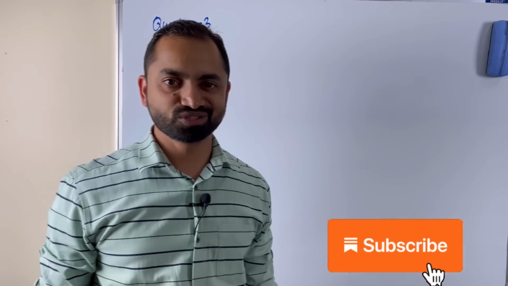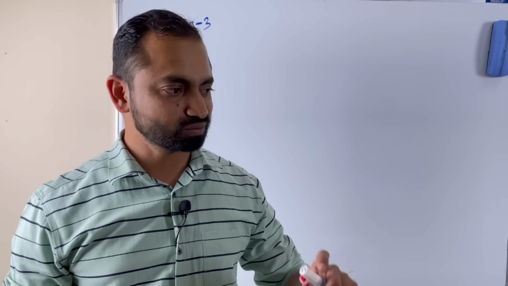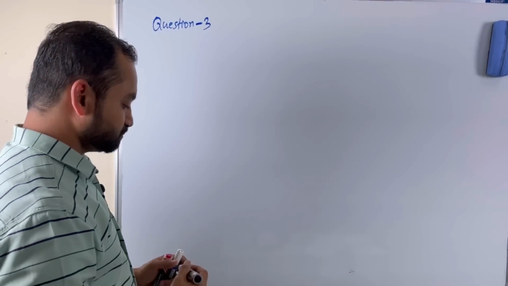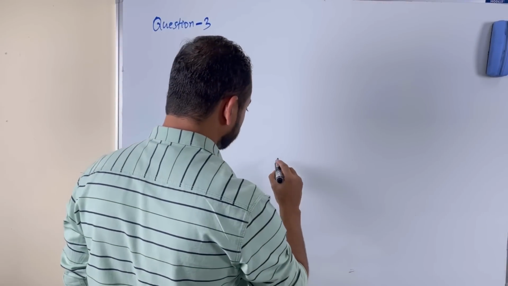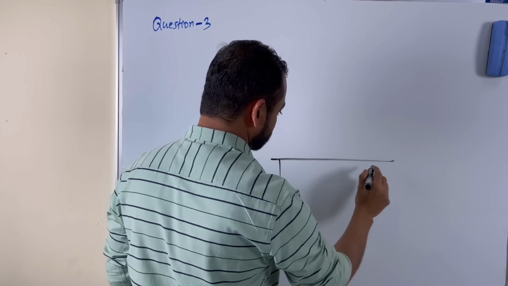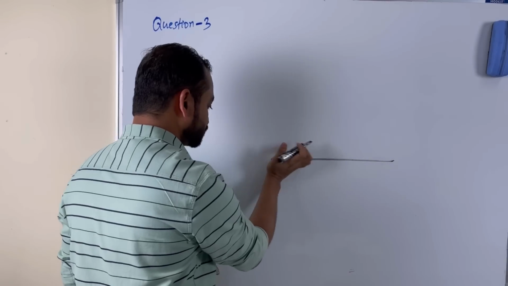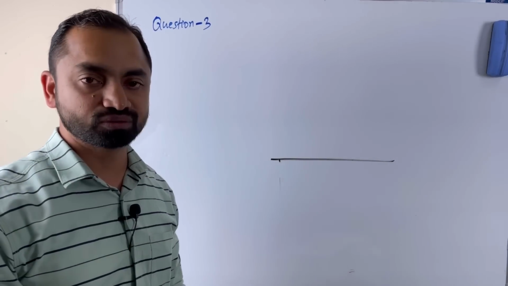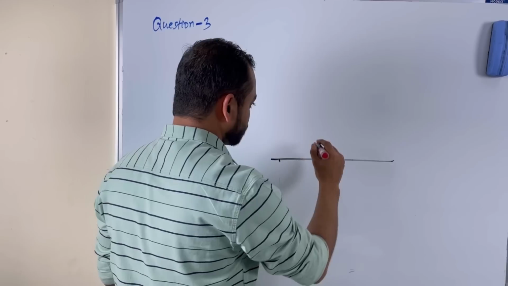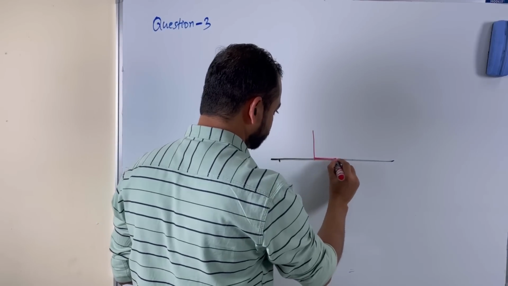Question number 3 is to draw a free body force diagram for an object moving on a horizontal surface involving friction. For example, here we have a horizontal surface or a floor, and on this floor we have an object, a large wooden block.